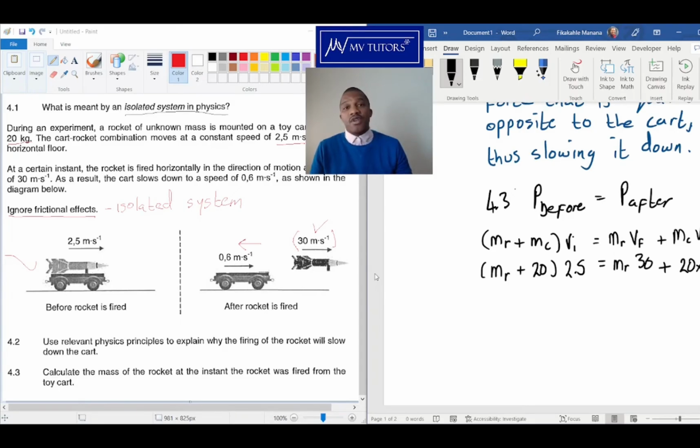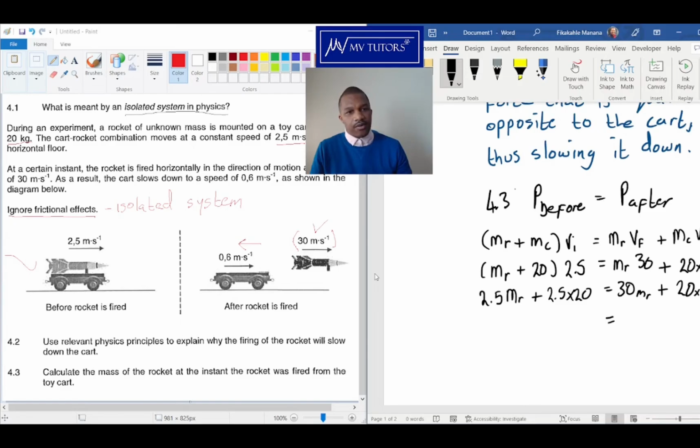Now we just have to do some mathematical gymnastics to solve for the mass of the rocket. We multiply that in: 2.5 times mr plus 2.5 times 20 equals 30 mr plus 20 times 0.6. I'm going to put the mr's on one side and the values on the other.